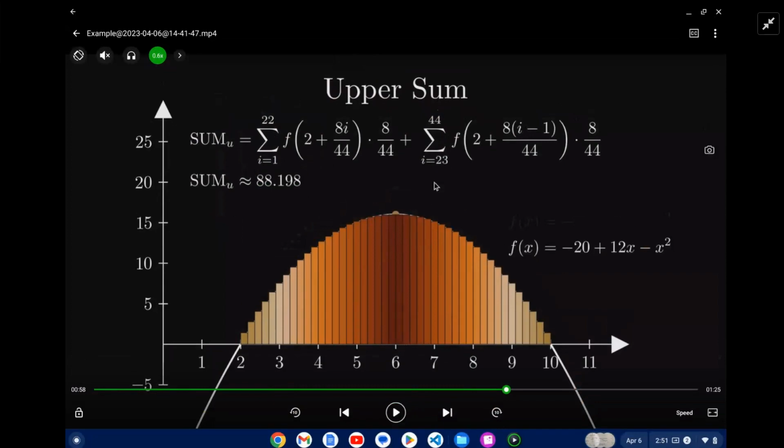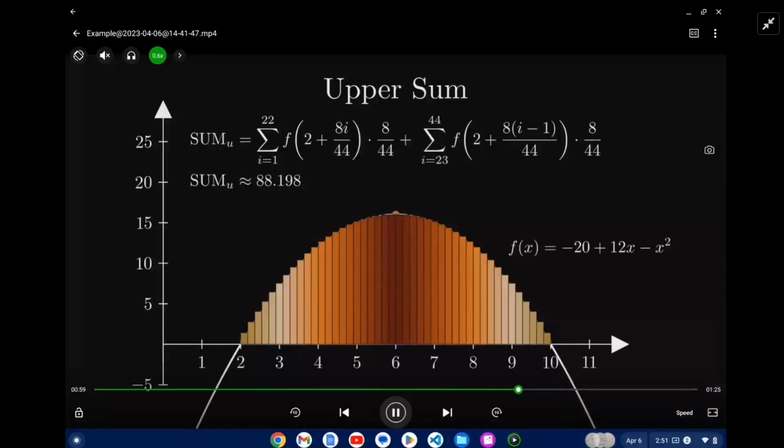And then from 23 to 44, that's the right half, those rectangles. Okay. And you notice that there's a shift here with the i minus 1. So this means left side Riemann. This means right side Riemann. So we've got the height times the width of these 44 rectangles. Just add it up and you get this number. Okay.